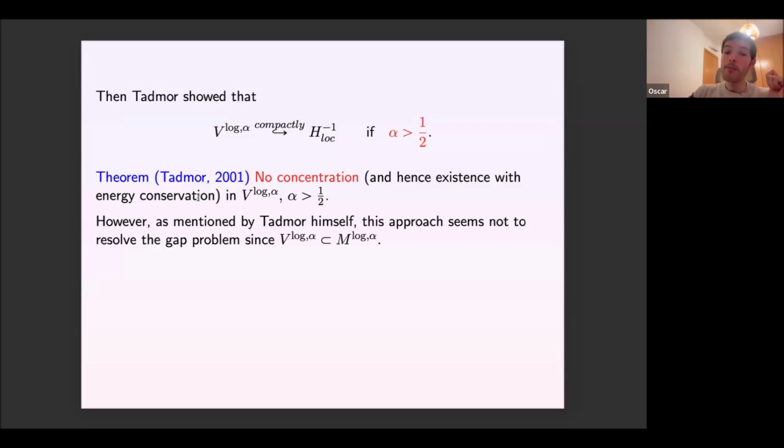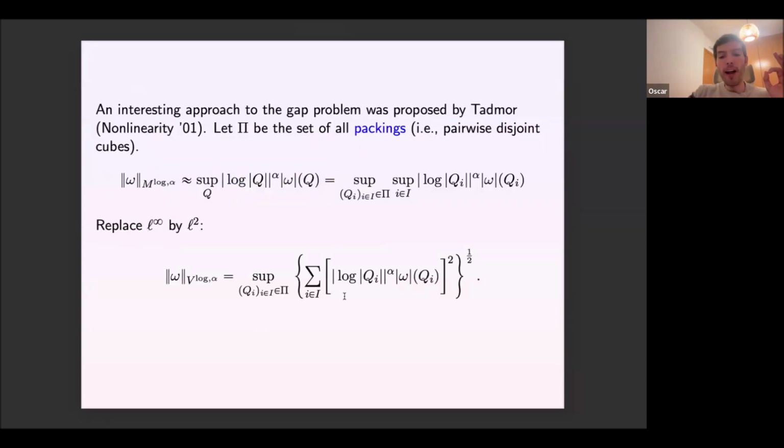However, as mentioned by Tadmor himself, this approach seems not to resolve the gap problem, since he is able to achieve the endpoint 1/2 after refining the Morrey scale to this new scale B.